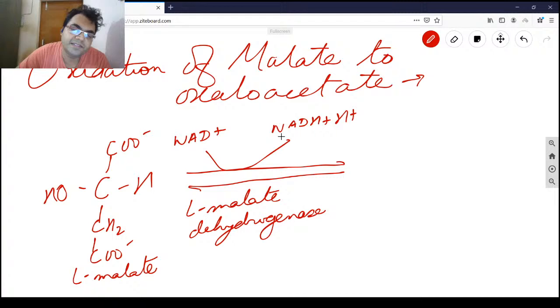Plus H plus. Since this is an oxidation reaction, NAD plus is again reduced to form NADH and H plus. Okay, the third step.